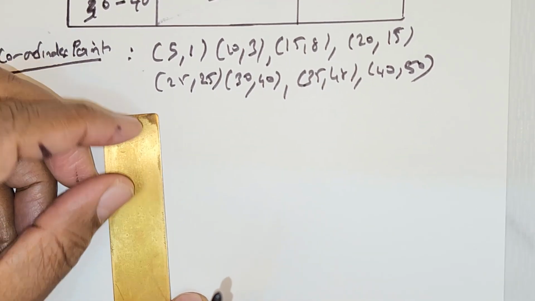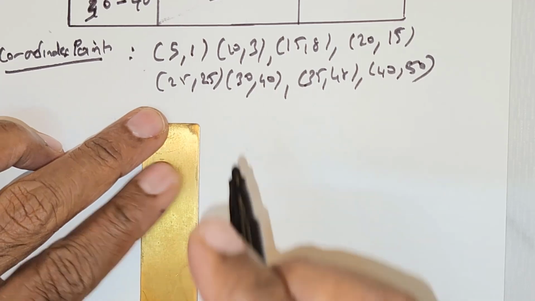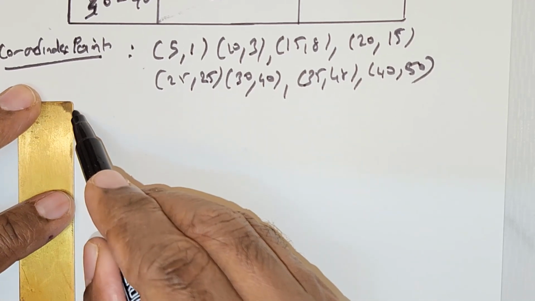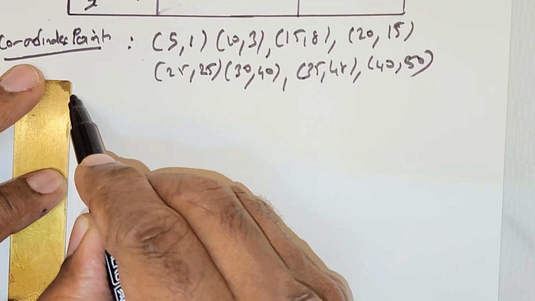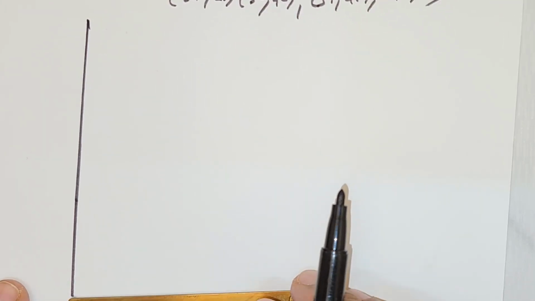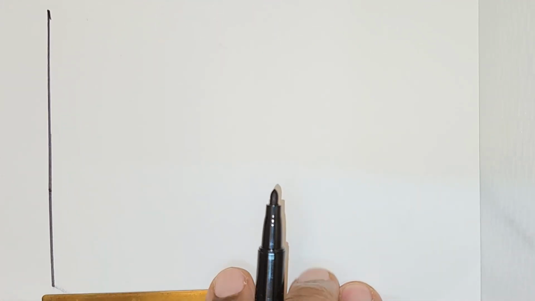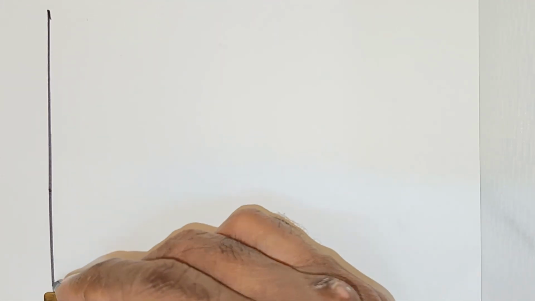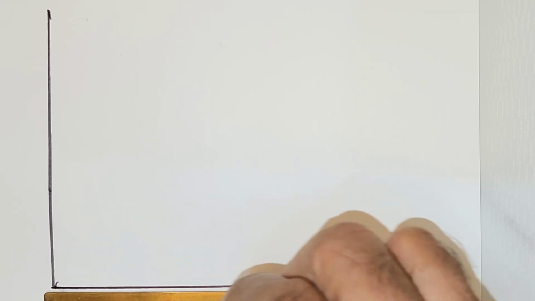So what you have to do is, on the x-axis you have to represent time. This is not to scale, it's just an approximate concept of graphing. So this is my x-axis, and x-axis represents time.